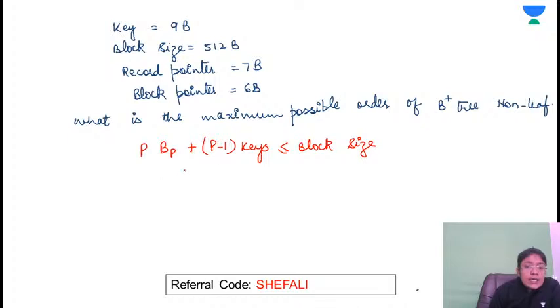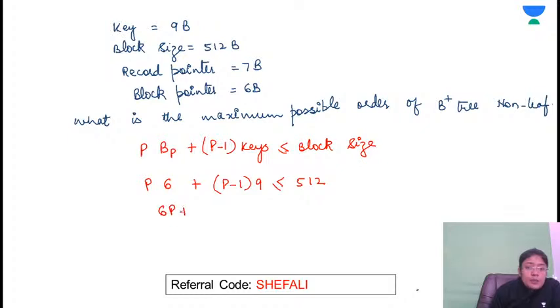Block pointer size is 6 bytes, plus P minus 1 keys, where each key is 9 bytes, less than or equal to 512.